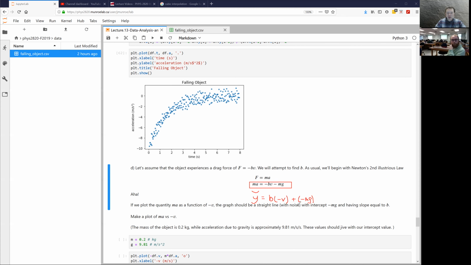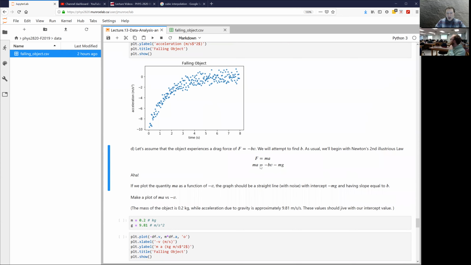If I could figure out the slope of this line, that would tell me what the coefficient of the drag is. When I do that, what I need to do is make a plot of this combination m times a and plot it against minus v.